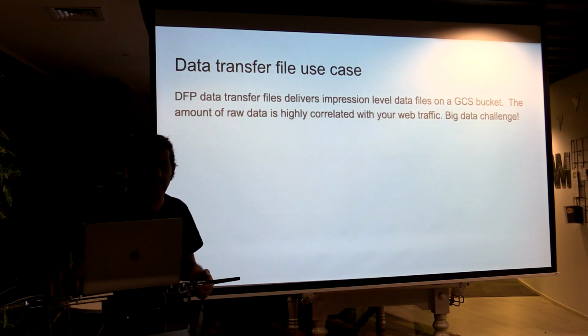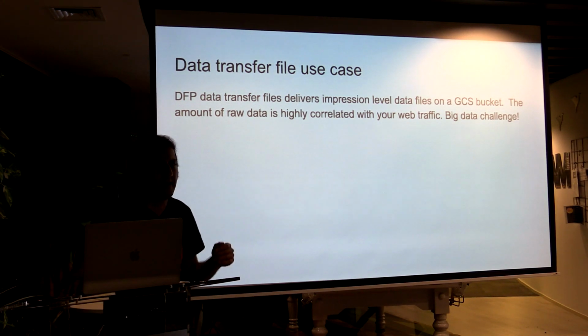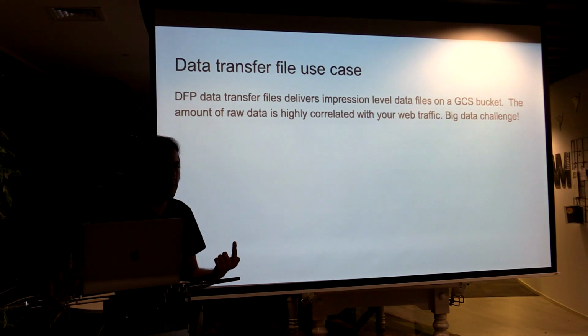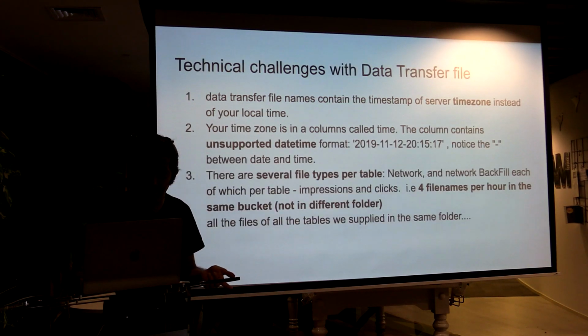The problem is it's highly correlated with your web traffic data, meaning you have 1 billion events like investing, so each page view has about 10 impressions, so you can imagine how much data is sent on an hourly basis.